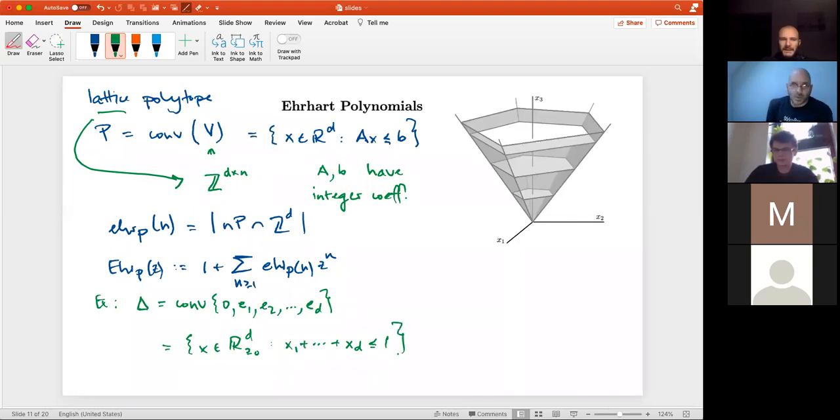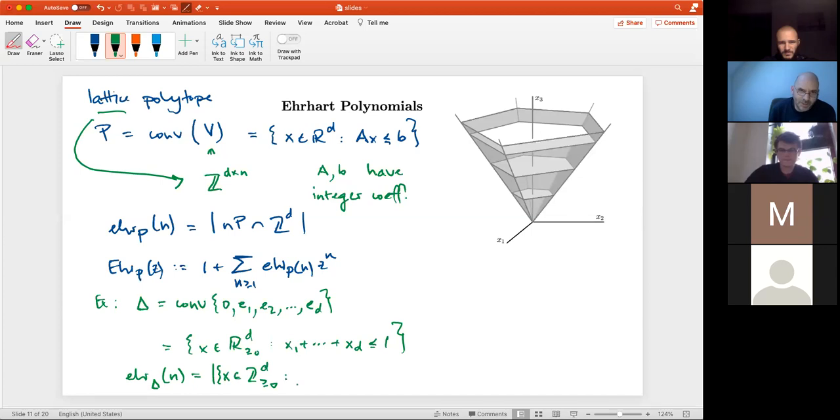And so this suggests that the Arrowhead counting function you can think of directly from this description. So this is for my simplex here, delta. What are we doing? We're counting integer solutions now, right?